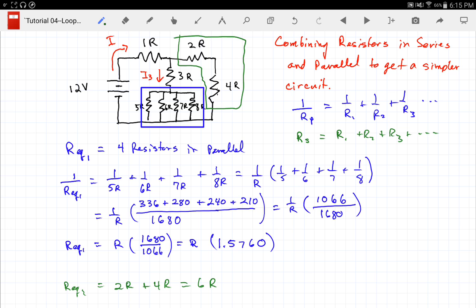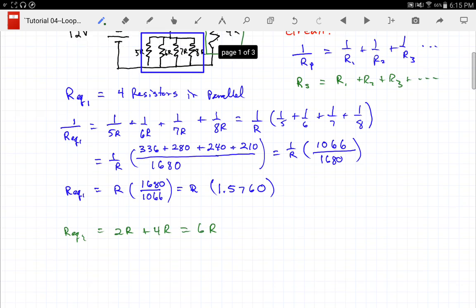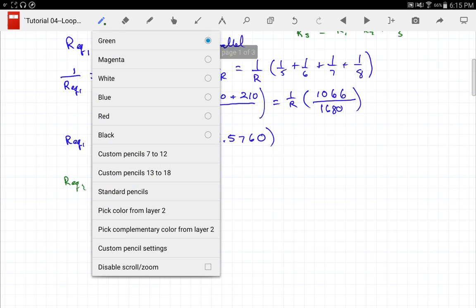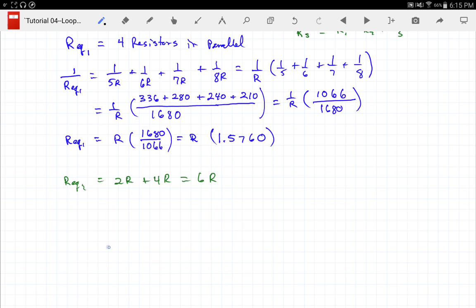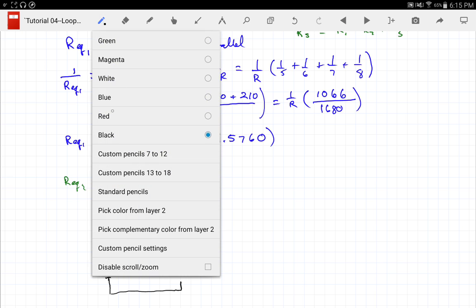Okay, so now I've made 2 simplifications, so let me redraw the circuit. So my circuit is now, I still have my battery. How do I know it's a battery? Because it has 2 cells. And I'm going to use color coding of a sort here just so we can be clear on what I've done in the previous steps.